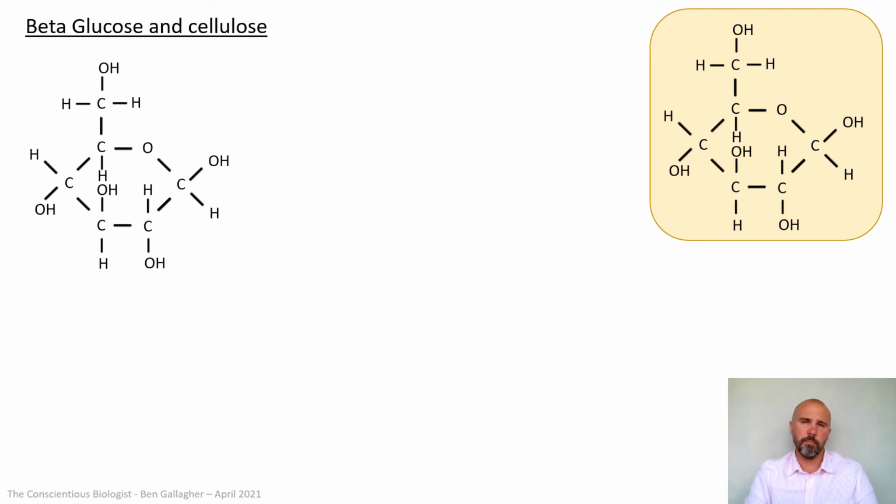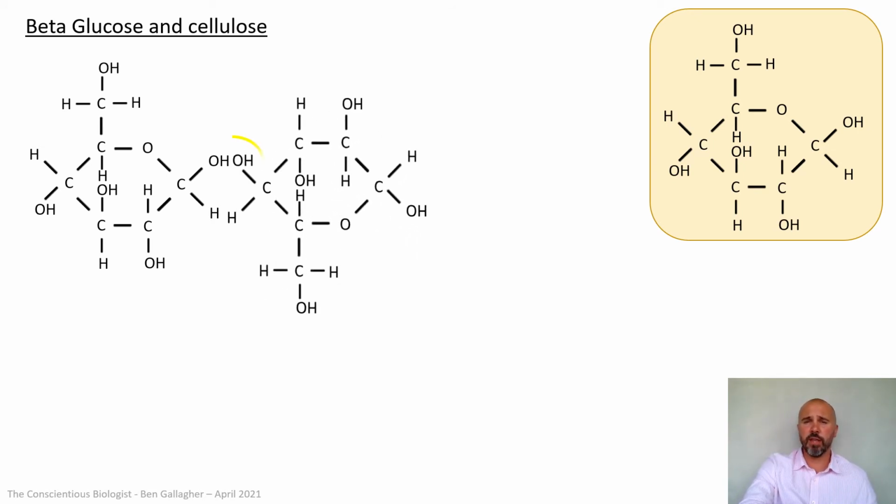Now, why that's really important, because it impacts how it arranges itself when it forms glycosidic bonds. So to show you, I've got the alpha glucose molecule over there. If I pull up another beta glucose next to it, notice something about the beta glucose.